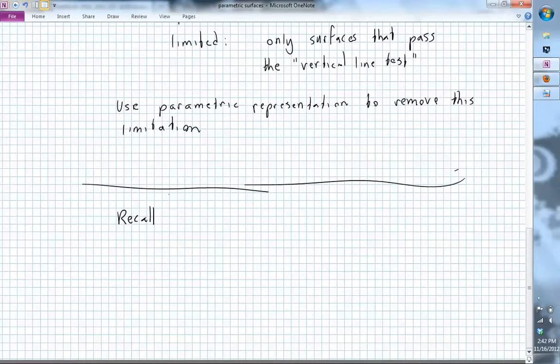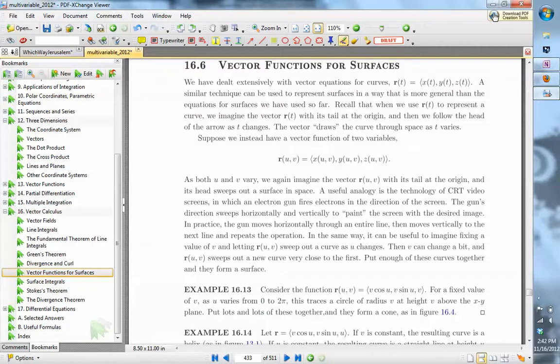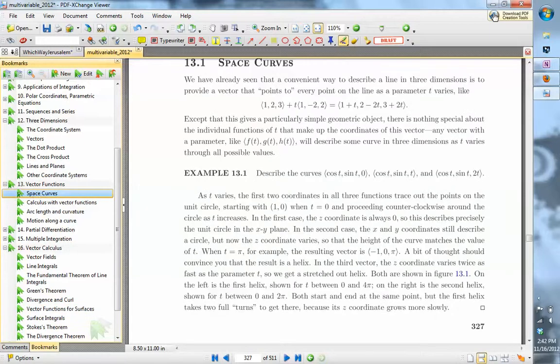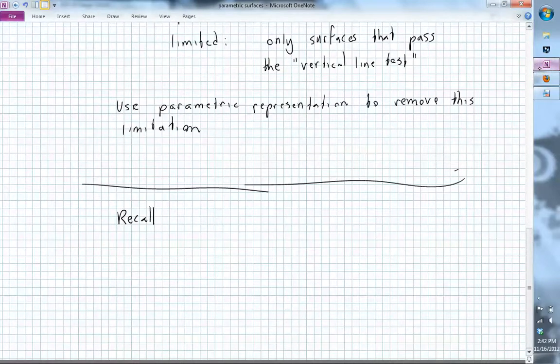Now, what I want to do to motivate this is, let's recall, chapter 13. Remember space curves? We would write them as a function of t, and then each coordinate, x was a function of t, y was a function of t, and z was a function of t.